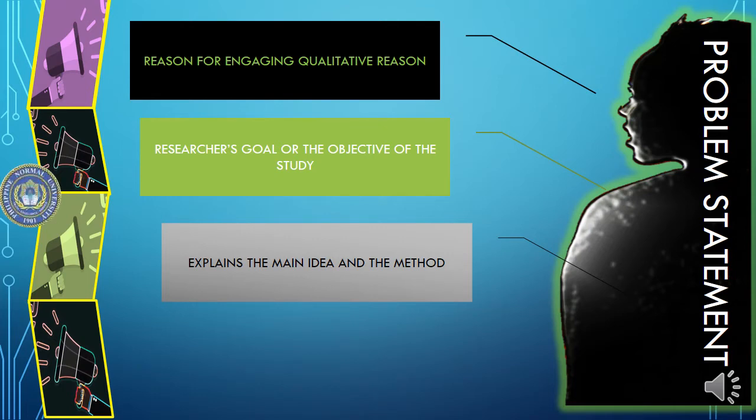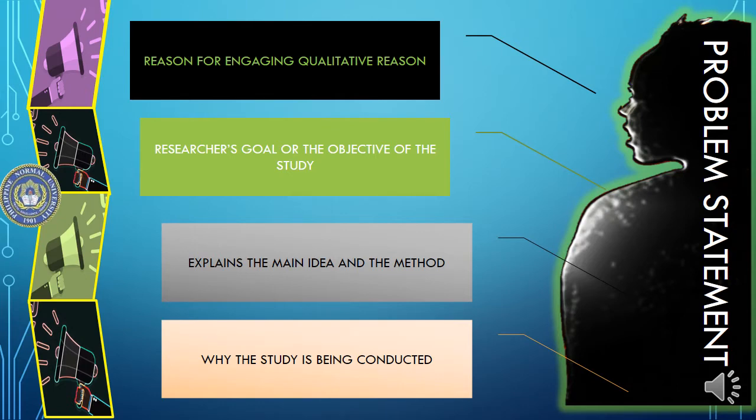It should be interrogatively stated on a process, issue, or phenomenon. And the researcher must first understand why the study is being conducted and what the inquiry wants to accomplish.